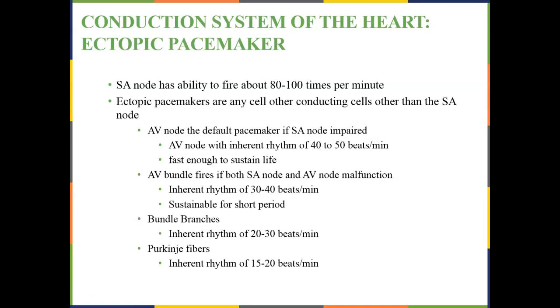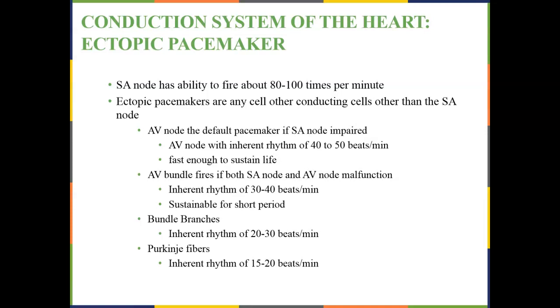The default ectopic pacemaker is the AV node. And if the AV node is firing, then you're going to have a heart rate of about 40 to 50 beats per minute. That's fast enough to sustain life, but it wouldn't allow you to do as much. So in general, these people would probably be more lethargic and not be able to do as much.